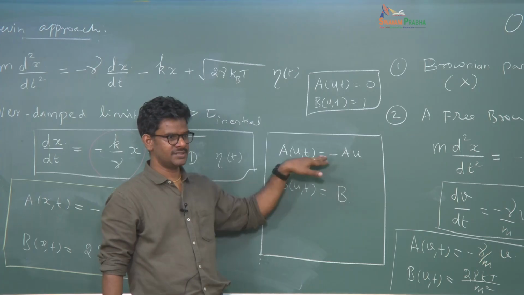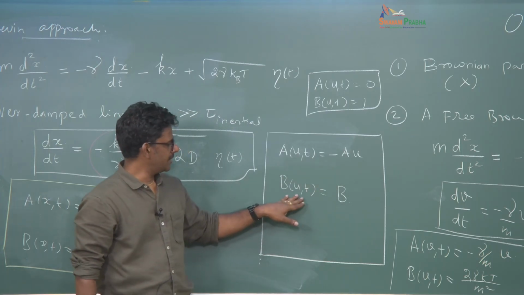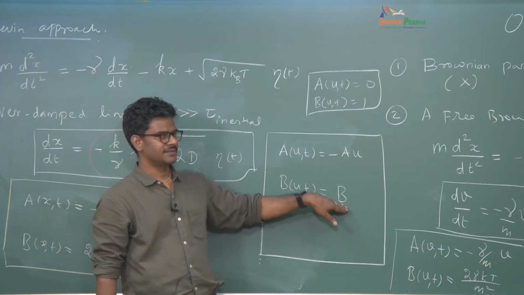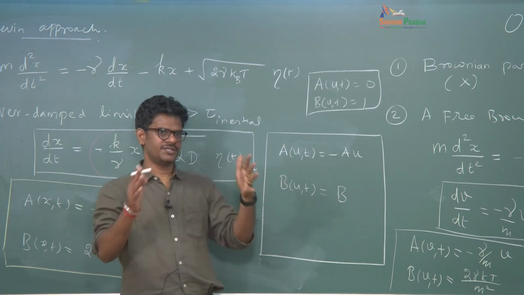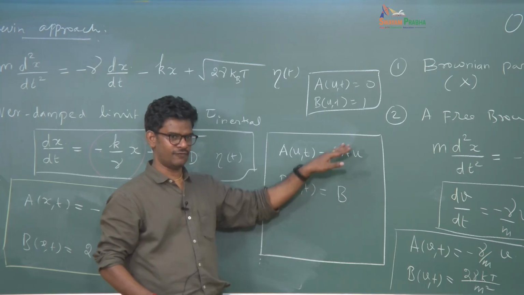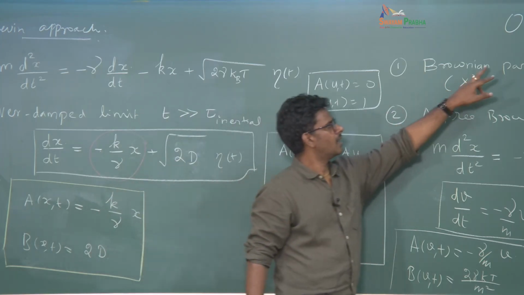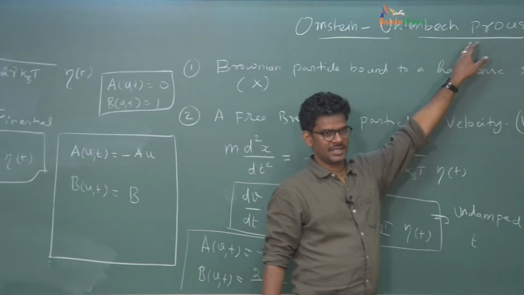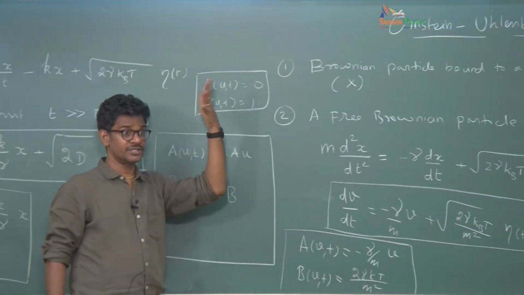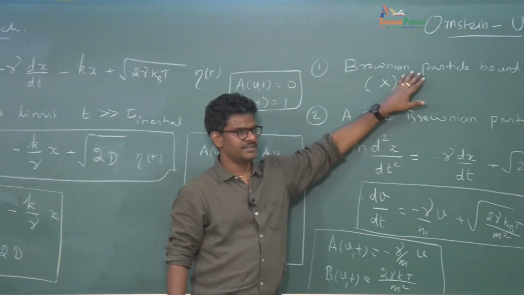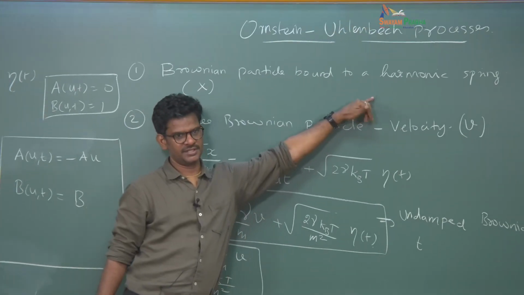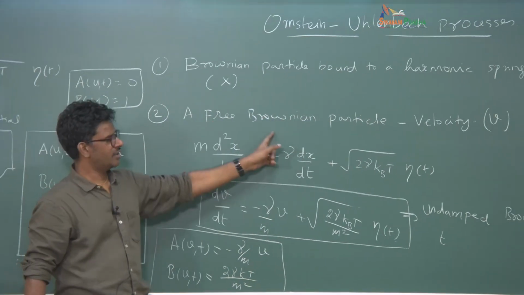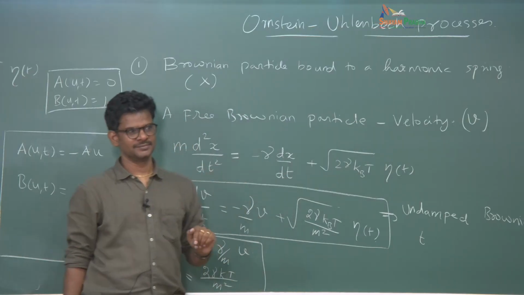It changes linearly, and then this function b is a constant, some arbitrary constant. Any stochastic process that has this functional form is called an Ornstein-Uhlenbeck process, and this process in its original form was used to characterize Brownian particles bound to a harmonic potential, also free Brownian particles' velocity.